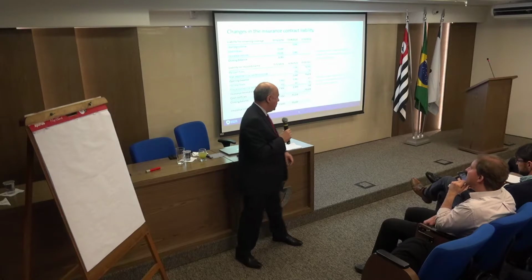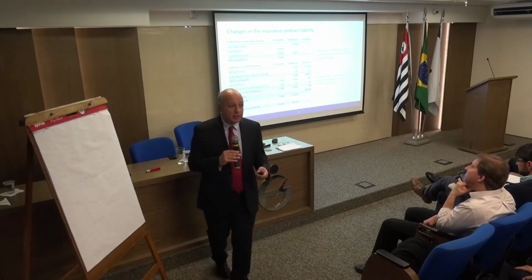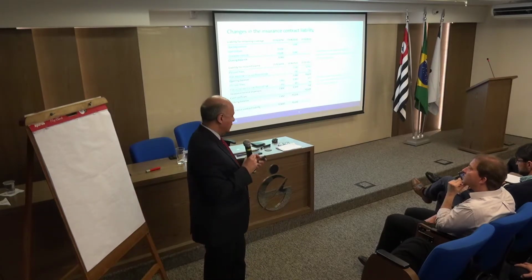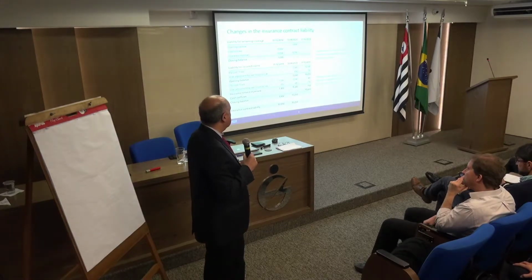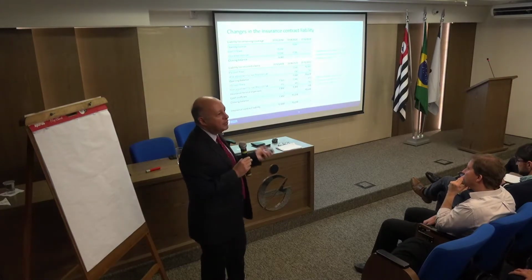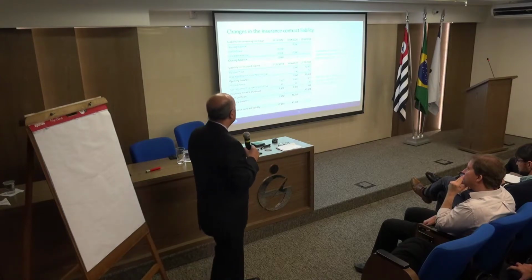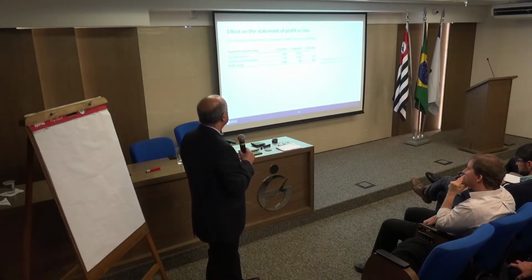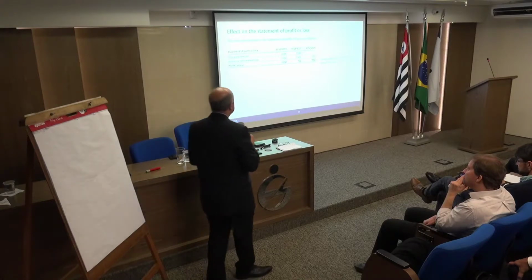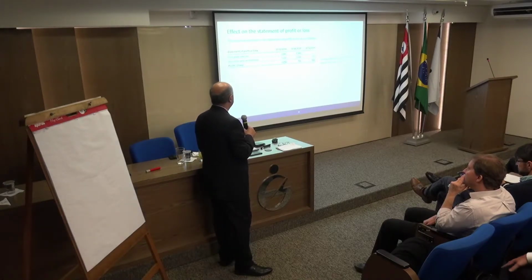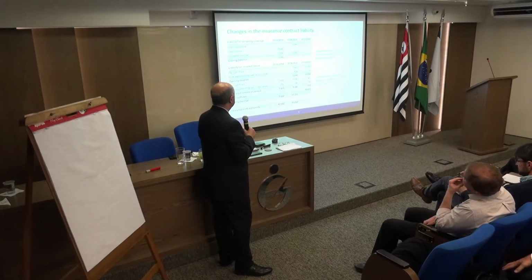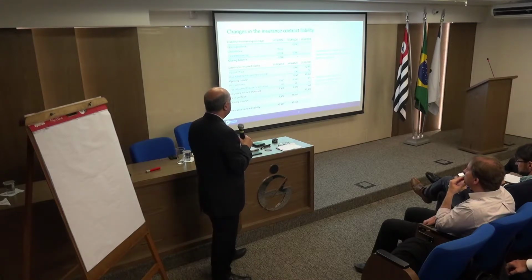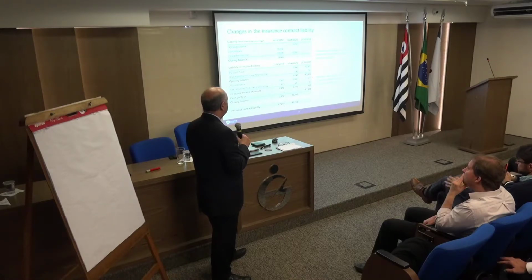If the claims had been, instead of 7,500, let's say 8,000, then I simply put 8,000 here, and that's it. So how is that going to impact my profit? Here I have the insurance service expenses, and somehow I have the claims there, right?